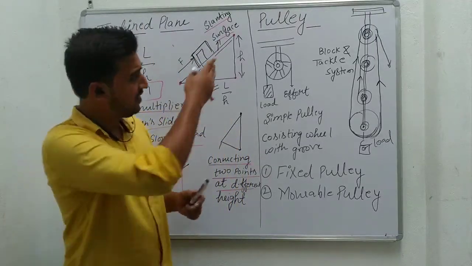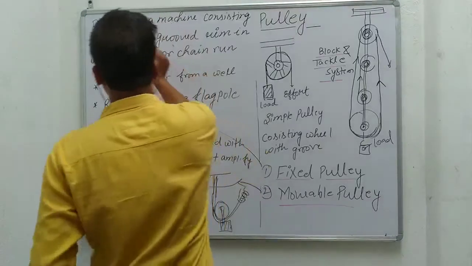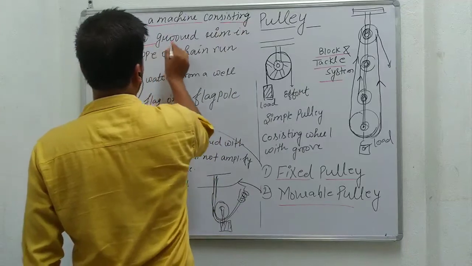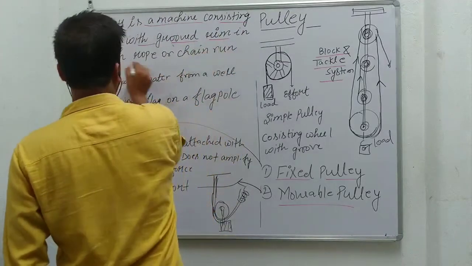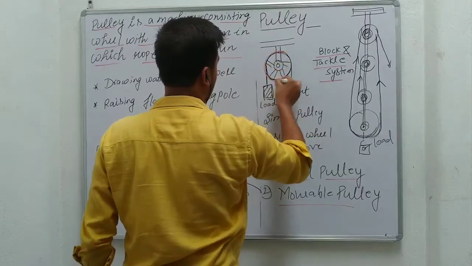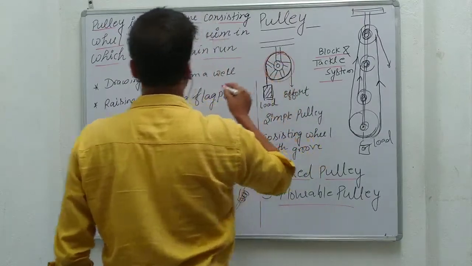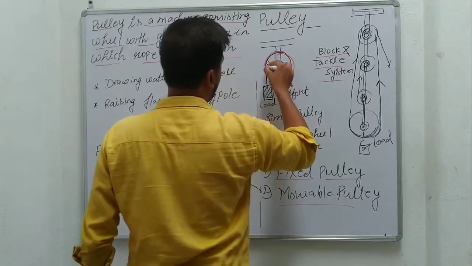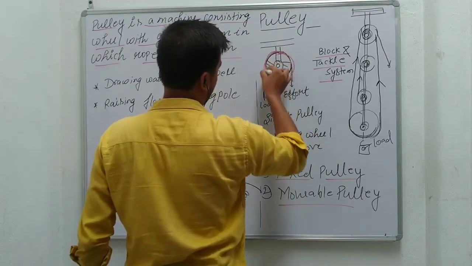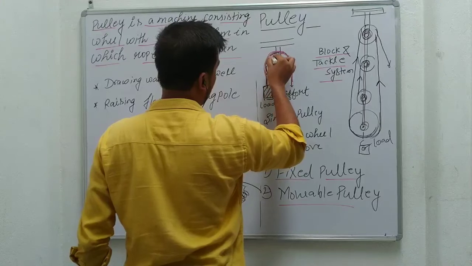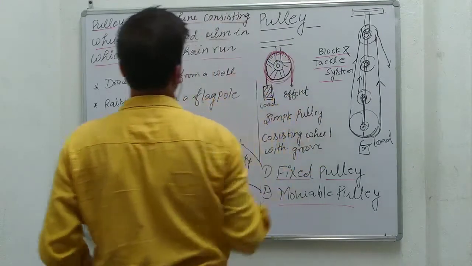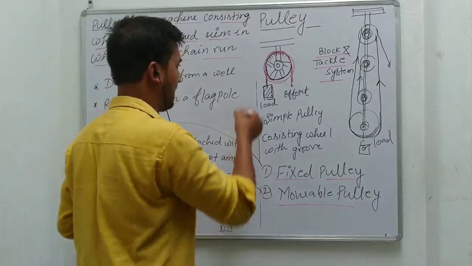Next, we have the pulley. A pulley is a machine consisting of a wheel with a grooved rim in which a rope or chain runs. This is the wheel and it has a groove in which the rope or chain can run.